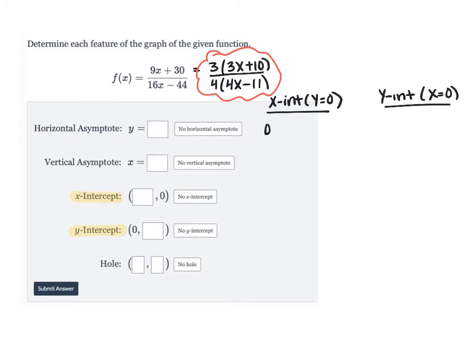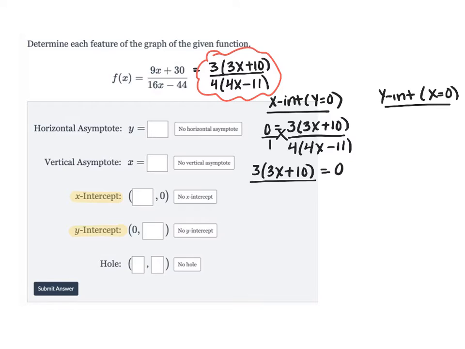So y equal to 0 first. Remember, if we have 0 on the left, we can put that over 1 and cross multiply. So 3 times 3x plus 10 is equal to 0. And we could just do a t-chart. 3 equals 0 makes no sense, we reject that.